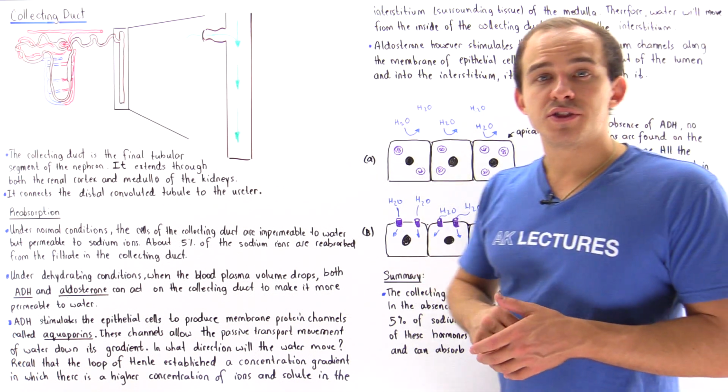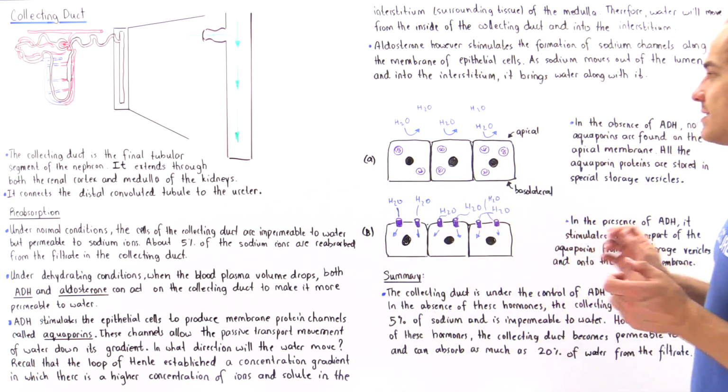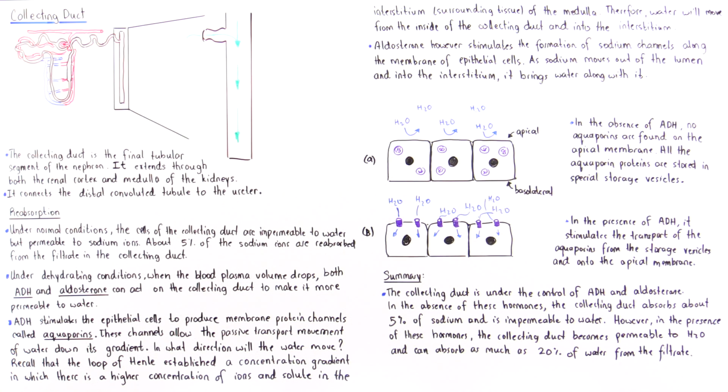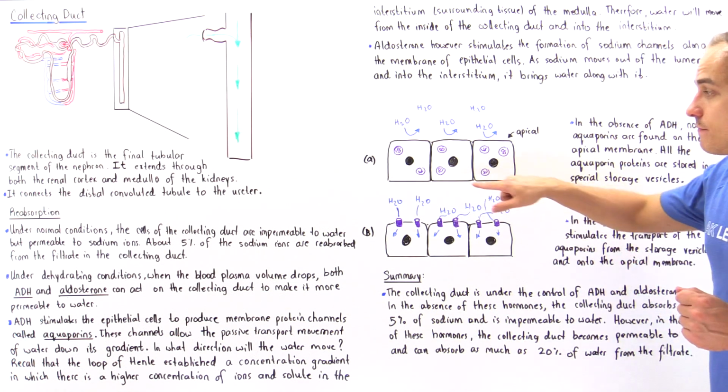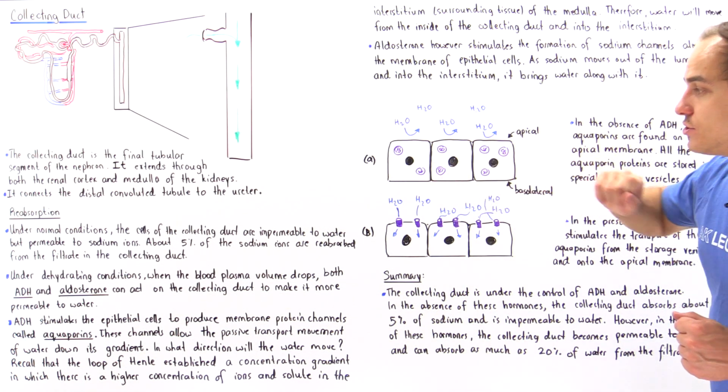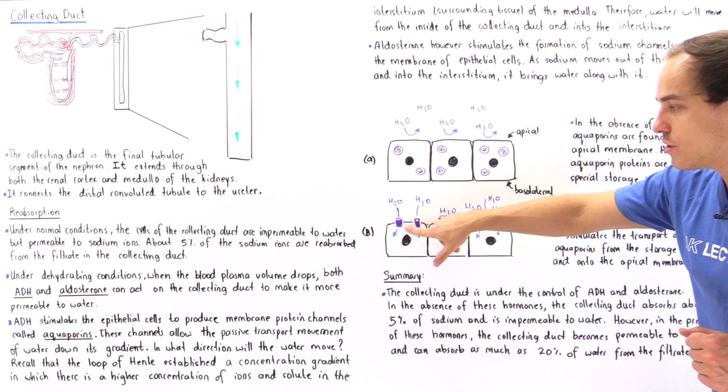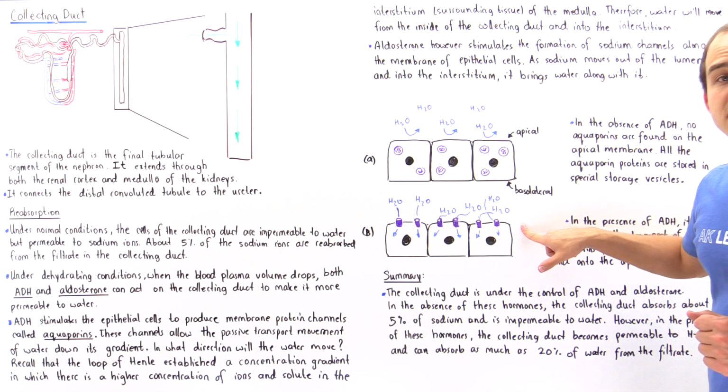Now, if we look at diagram B, now we're adding our ADH. In the presence of ADH, antidiuretic hormone stimulates the transfer of these aquaporins from these storage vesicles into the membrane on the apical side of the cell.